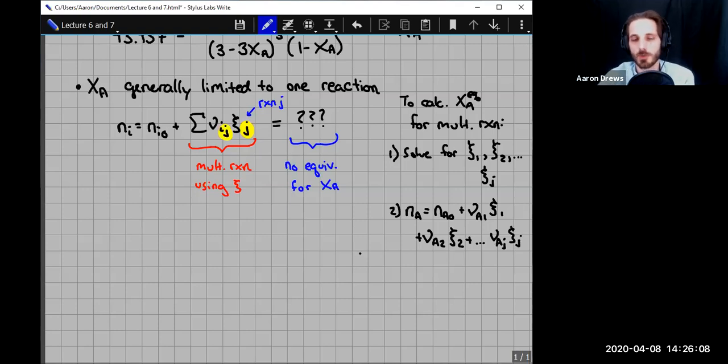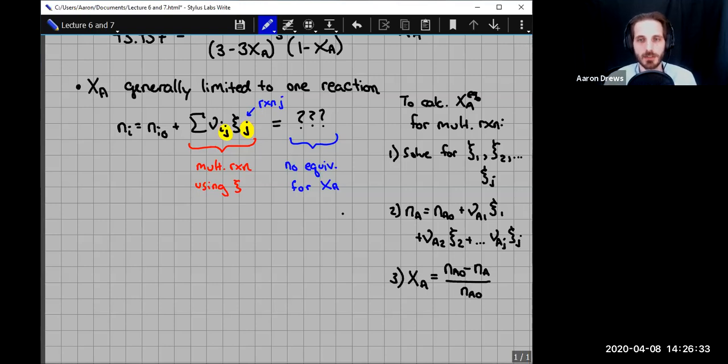So you figure out what's the outlet molar flow rate of A, right? And that's using this formula. And then if you need to, you would then calculate x sub A by its definition, which is n sub A0 minus n sub A, divided by n sub A0. So it's sort of a workaround, right? I can't use x sub A at equilibrium directly in the solution for a system with multiple reactions.